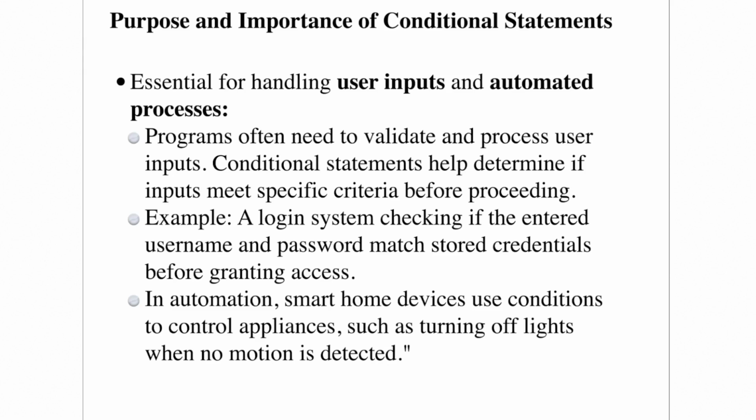Programs often need to validate and process user inputs. Conditional statements help determine if inputs meet specific criteria before proceeding. Example, a login system checking if the entered username and password match stored credentials before granting access. In automation, smart home devices use conditions to control appliances, such as turning off lights when no motion is detected.